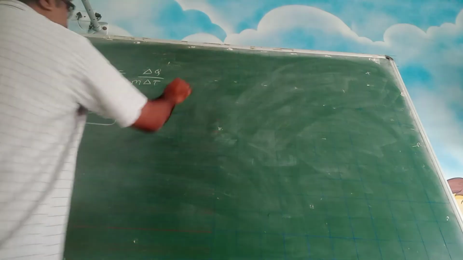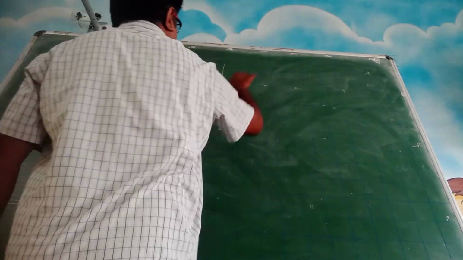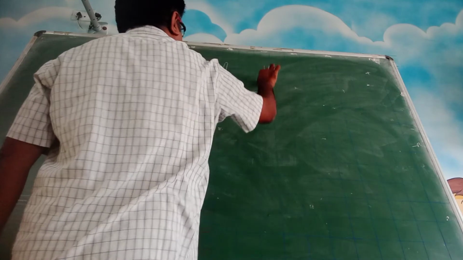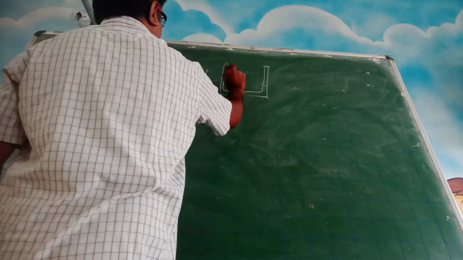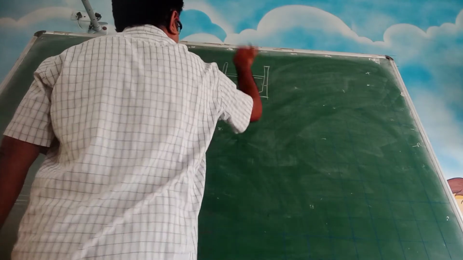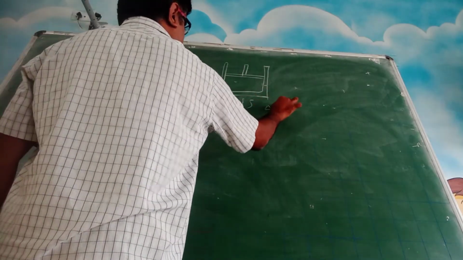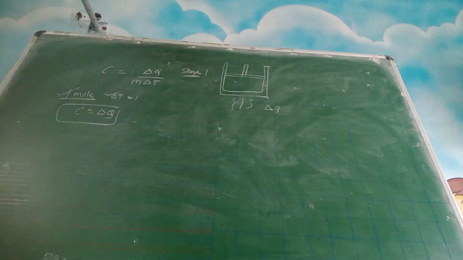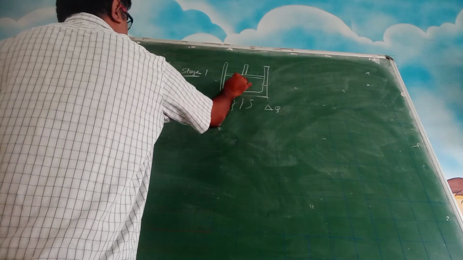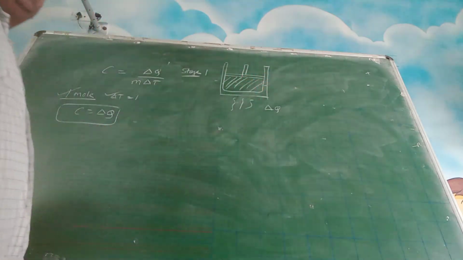So if you take stage 1, let us take the same diagram now. Let us say this is your piston. Initially you gave some heat, delta Q. What will happen? The content inside gets heated up.